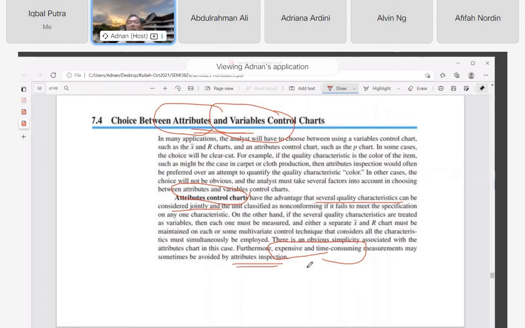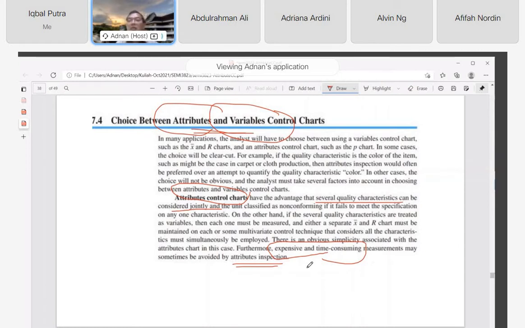Okay, sometimes we want to do measurement, for example, to see whether a product is accepted or not, to measure colors. Whether the color is clear or not clear, we need to buy equipment to measure color. Since it's expensive to get the machine that can give values, maybe we say, why not just do the inspection by attribute, just to see whether it is clearly printed or is it blur or is it in between.